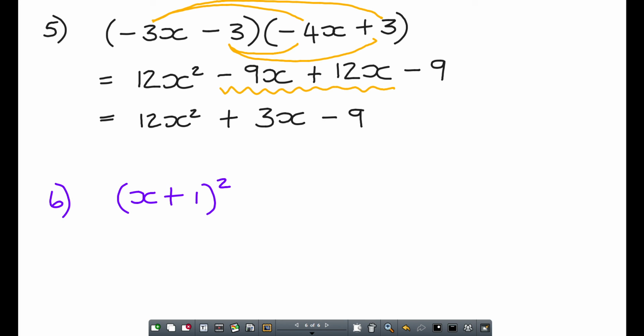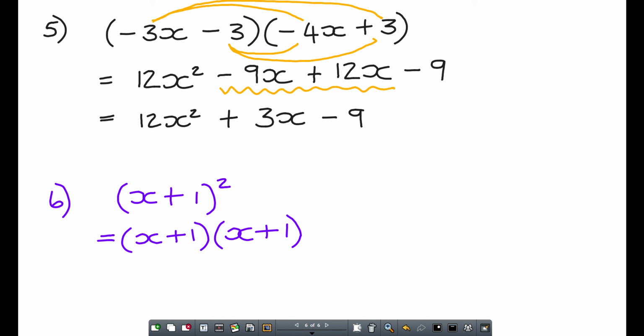Before you do anything, what does that square mean? I must use that same bracket twice. So that's the same as x plus 1 times x plus 1.